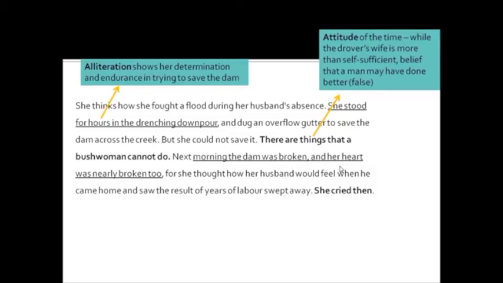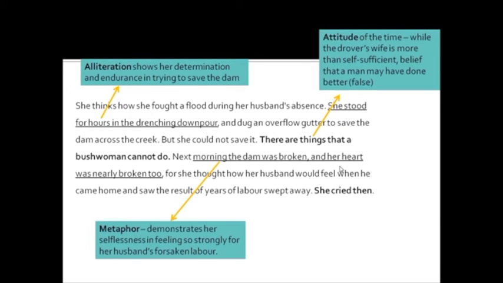She's had to live a lot of her life on her own with children living on the land, and she's had to survive, and she's had to help her children survive. But at this time, in the story, Lawson is suggesting that a bushman may have been able to save the dam rather than the drover's wife. But of course we know better now, but Lawson is reflecting the context of the time in which he wrote.